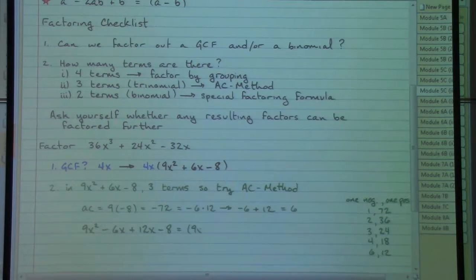Group the first pair of terms. Group the second pair of terms. Put a plus sign in the middle. Look at each of those as its own separate problem so that we would have a 3x that we can pull from the first set of parentheses and get a 3x minus 2.